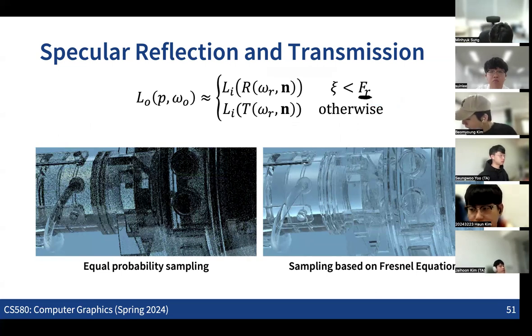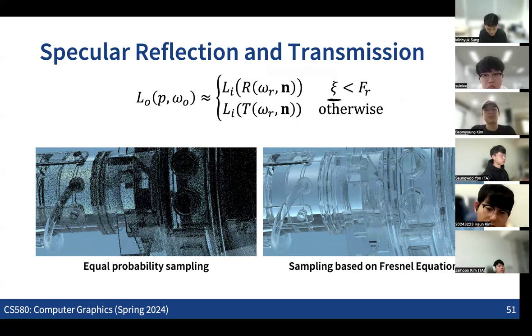So when you draw a random sample from the uniform distribution, and this sample has a value smaller than the Fresnel coefficient, then we reflect the ray. Otherwise, we shoot a transmission ray. So this is also a statistical way that we can make the Monte Carlo estimate more efficient while choosing which of the rays we're going to shoot, right?